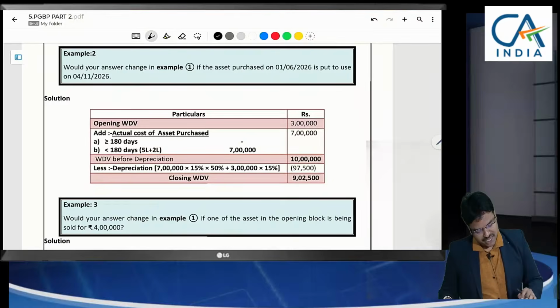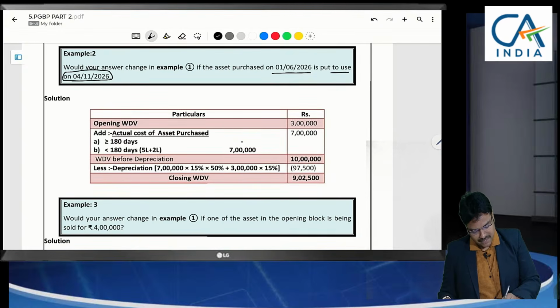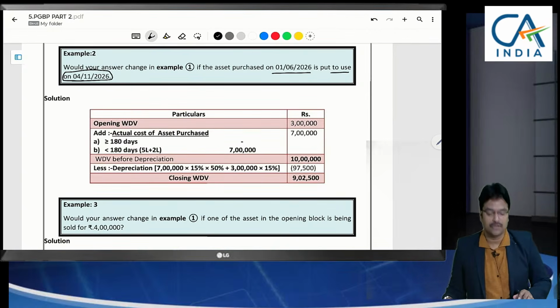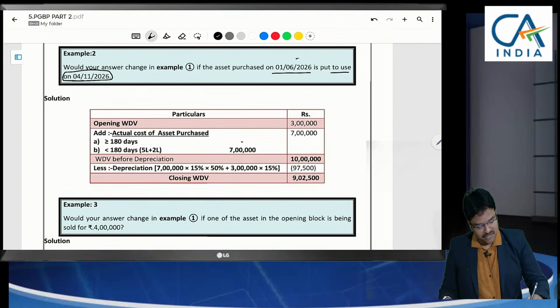Would your answer change in example 1 if the asset purchased on 1/6/2026 is put to use on 4/11/2026? It was put to use on 4/11/2026, as they have specified. That means actually we could claim full depreciation here, but since it was put to use on 4/11, now we have to claim only half depreciation.